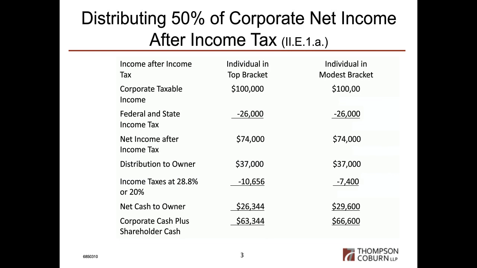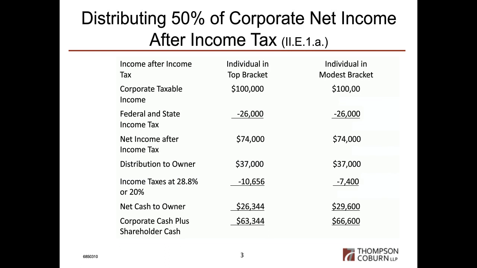So the shareholders receive a $37,000 dividend, and then we apply a 28.8% rate to that. If you multiply 37,000 times 28.8%, you come up with $10,656. Now, subtracting that $10,656 dividend tax from the $37,000 dividend, we come up with $26,344 net cash to the owners.